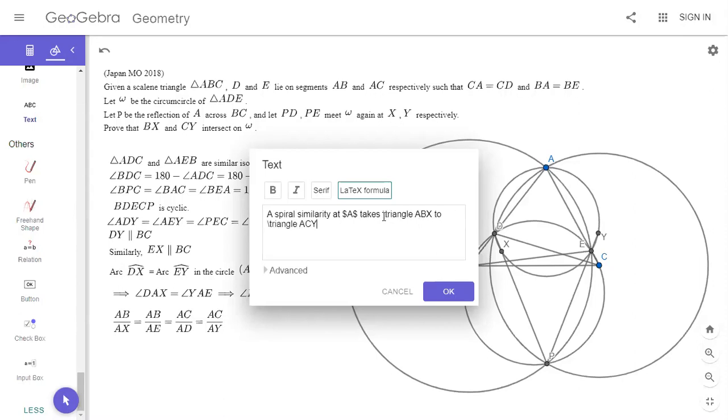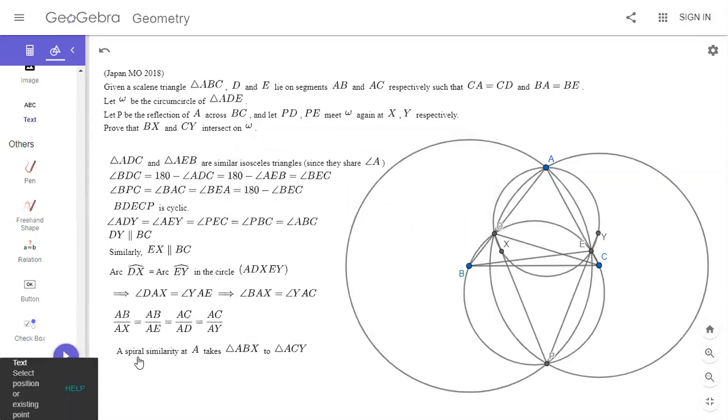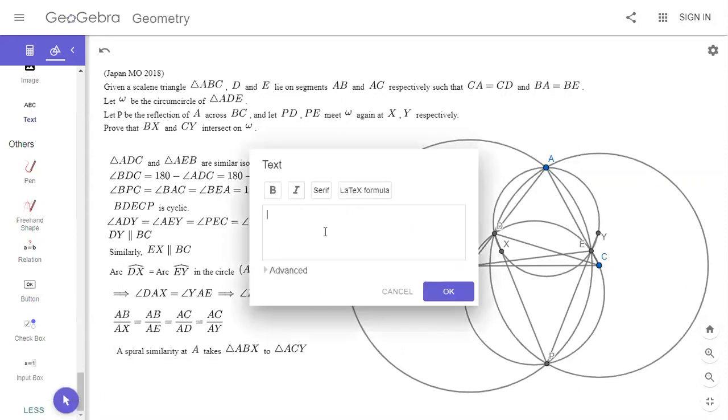And then that means, from properties of spiral similarities, that BX and CY concur on that circle. All right.